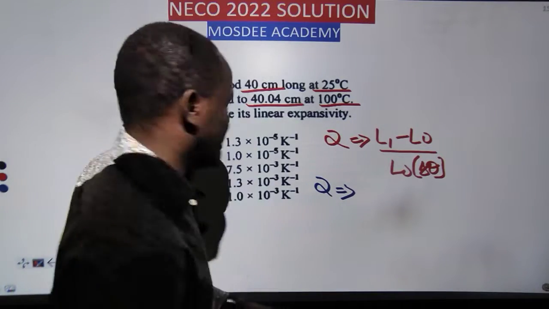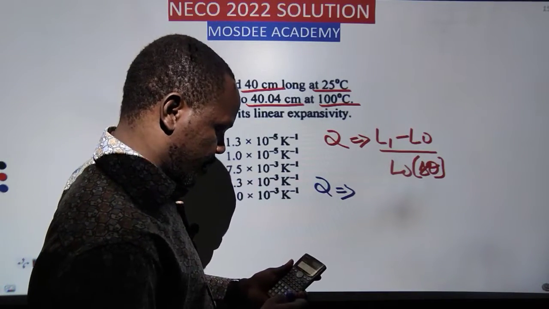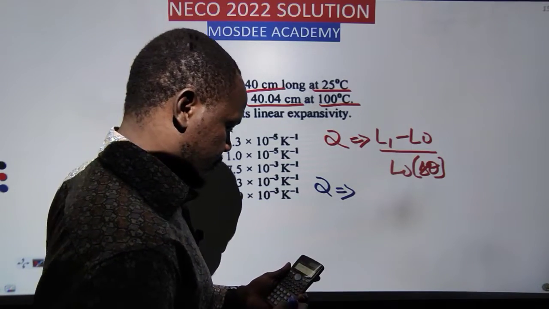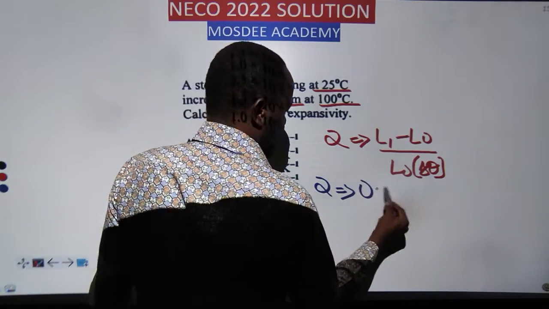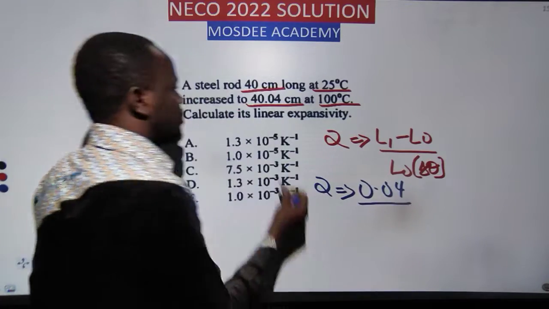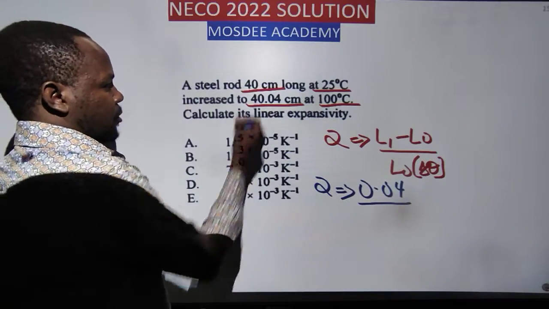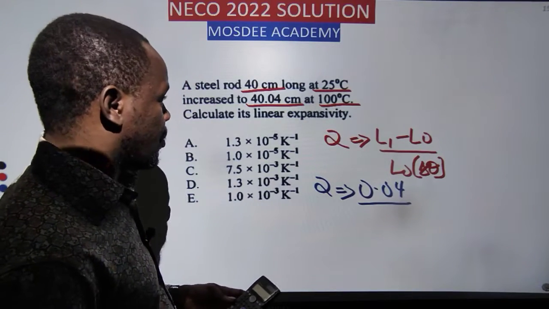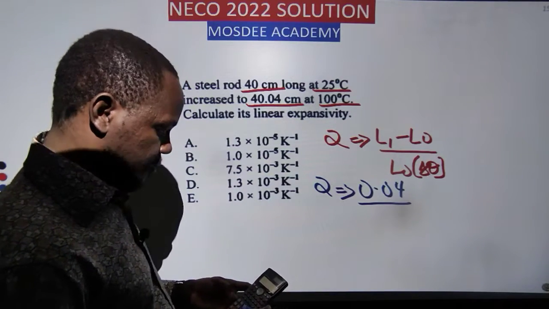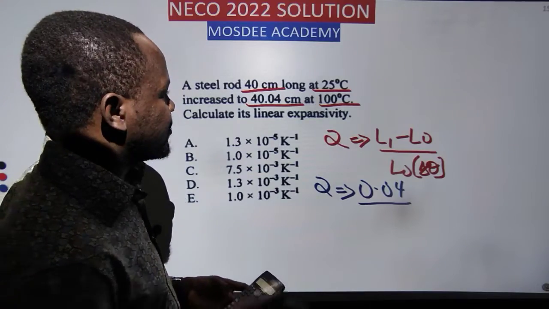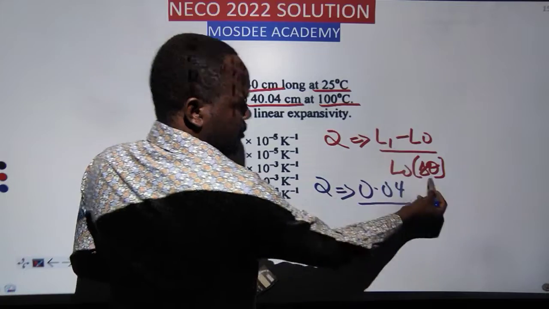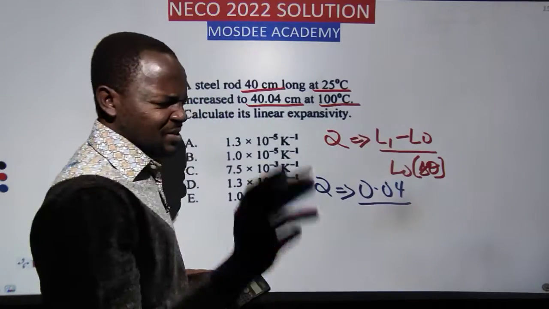40.04 minus 40, that's 0.04. I will just do it directly so that we don't waste time. 0.04 divided by L0, the initial, what's the initial? 40. So this 40, without converting it, times the change in temperature, which is 75. You know, 100 minus 25 is 75.